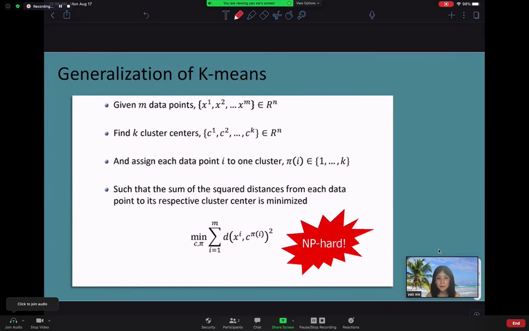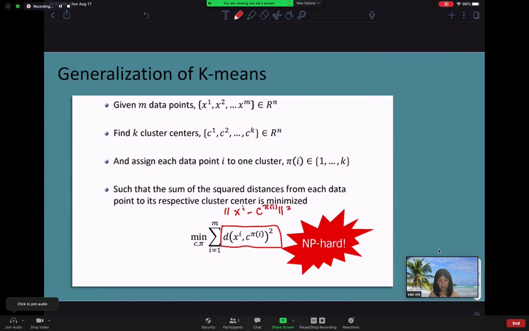Okay, so now we have this generalized definition of the similarity measures, we can generalize our k-means. The first important difference from k-means is that we replace the L2 distance. Before, this was the squared L2 distance between the data point xi and the assigned centroid.